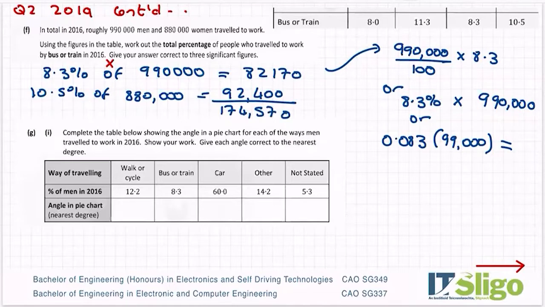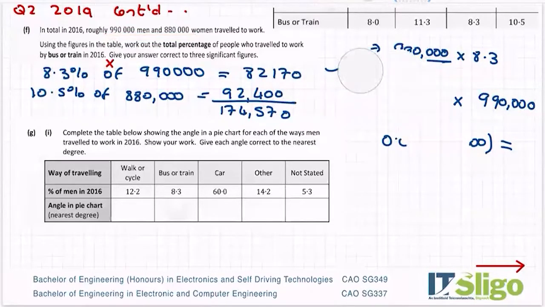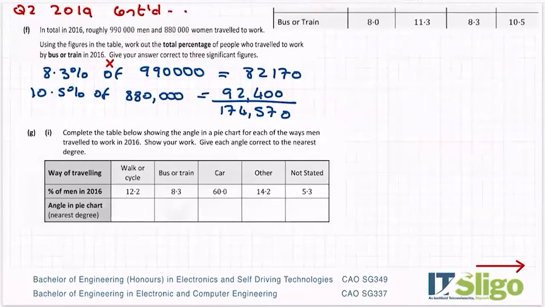Work out the total percentage of people. So that's the total number of people who travelled to work. Okay, so how many people travelled to work? Well, I need to figure that out. Let me do it over here.